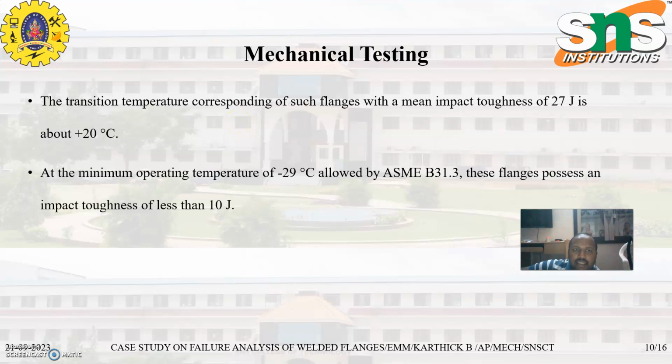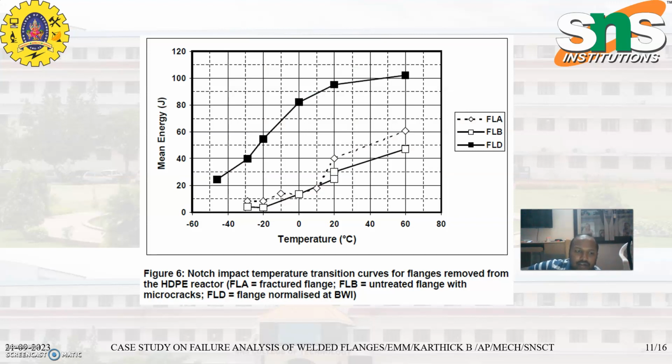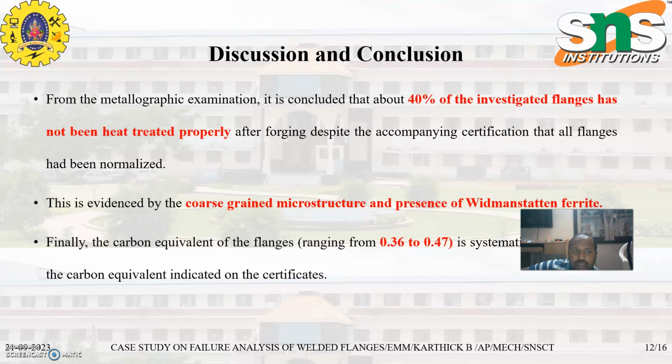The transition temperature corresponding to these flanges is given with an impact toughness of 27 joules at about plus 20 degrees Celsius. The minimum operating temperature allowed is minus 29 degrees Celsius by ASME B31.3, but these flanges possessed toughness of less than 10 joules. This is mainly due to the coarse grain microstructure.